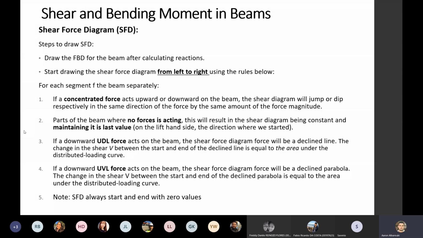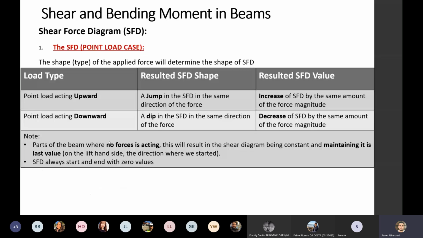So let's take the first case, which is concentrated forces. Let's put these two to the side for now. If we have a concentrated force, or point load, we agreed we have two cases. If the point load is acting upward, that will cause a jump in the shear force diagram, and the amount of that jump equals the force magnitude.